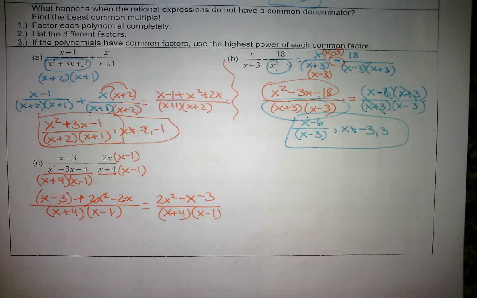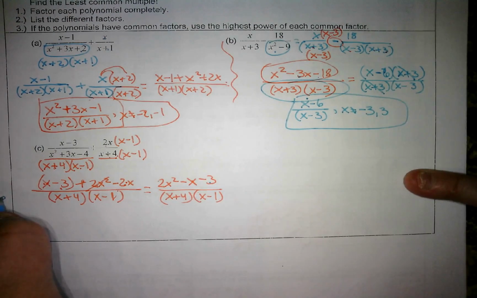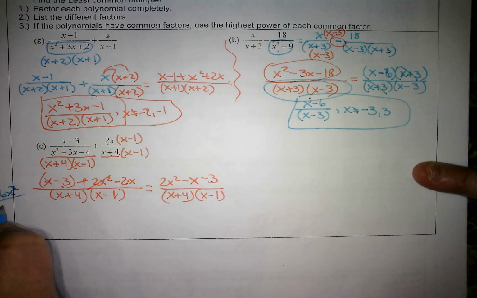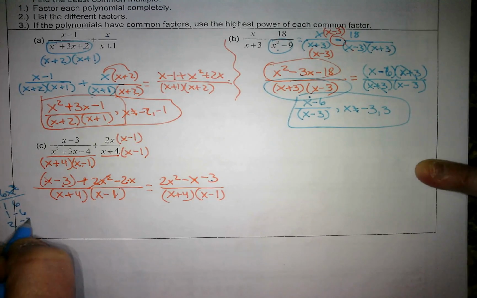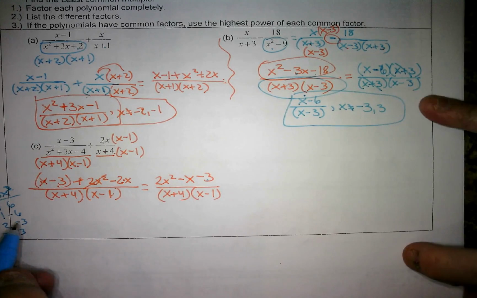And now let's see if we can factor these things. Okay. So this would be negative 6x squared, which would be negative 1 and positive 6, or 1 and negative 6, 2 and negative 3, or negative 2 and 3, and the pair that adds to negative 1 is this.